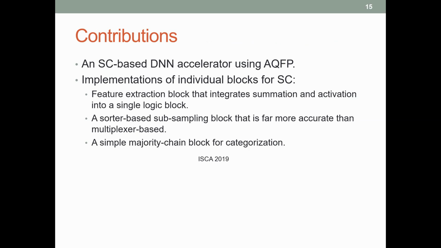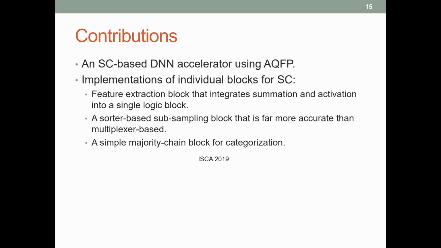But those techniques may not be that useful for the AQFPs. So we have developed a stochastic computing-based accelerator for the AQFPs. We have designed innovative implementations of individual blocks for stochastic computing. We designed novel feature extraction blocks that integrate the summation and activation into a single logic block.